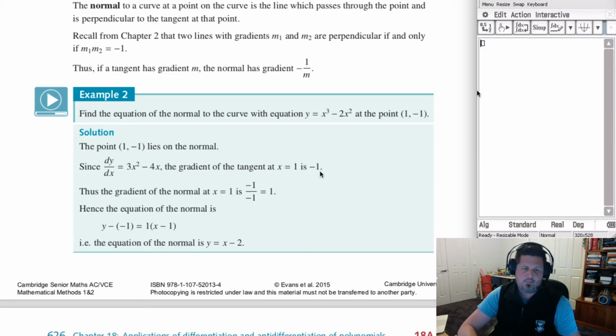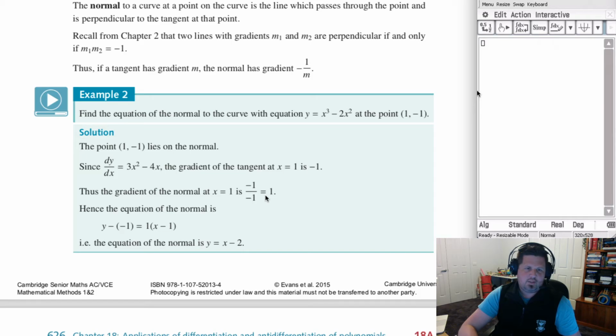To find the gradient of the normal at x equals 1, it's going to be -1 over that gradient. So -1 over the gradient we discovered, which was -1, is -1 divided by -1, which is 1. So the gradient of the normal is equal to 1.